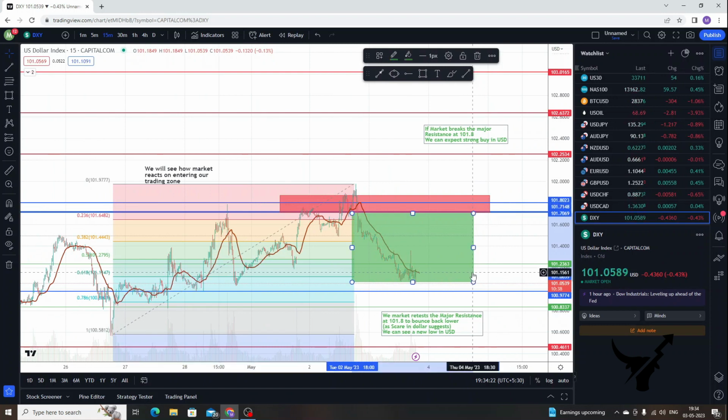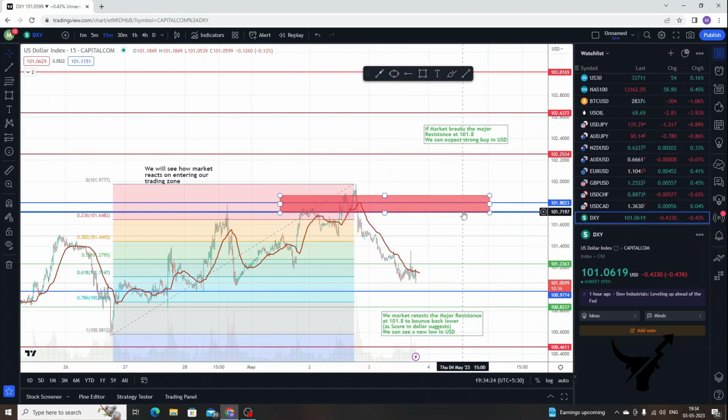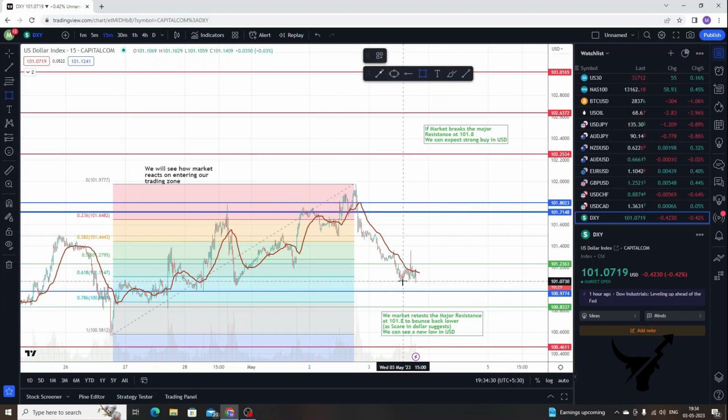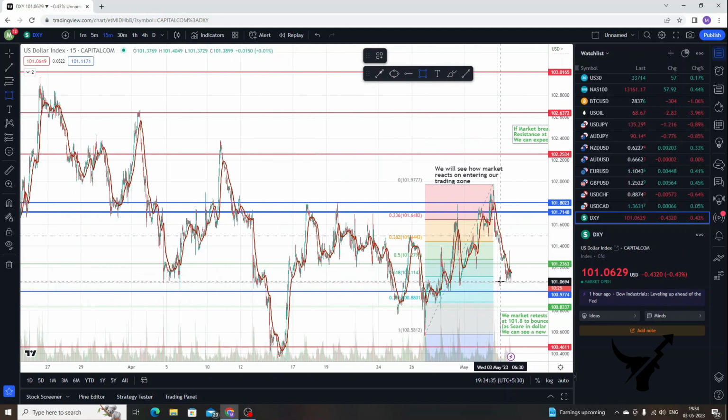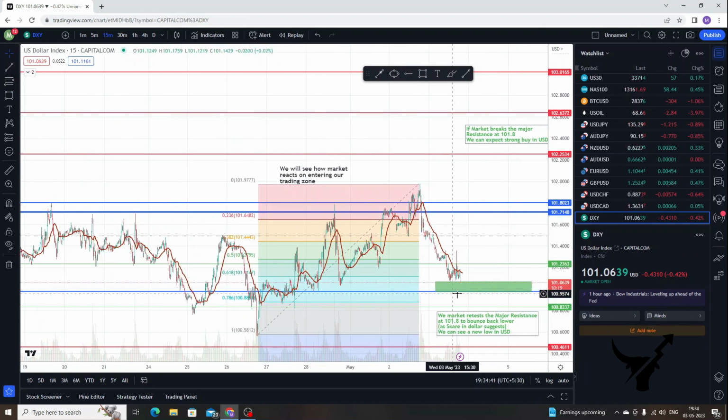So if I just remove this, here we will look for a new trading zone now.